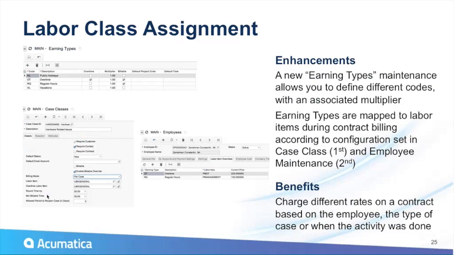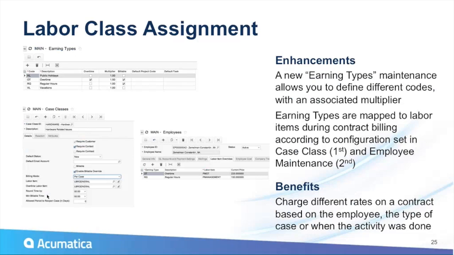Also related to contract is the labor class assignment, which is the way that the system calculates the rate to charge based on the activities that occurred for this contract. So we added a new screen called earning types maintenance, which allows you to define different codes and associate a multiplier to this.